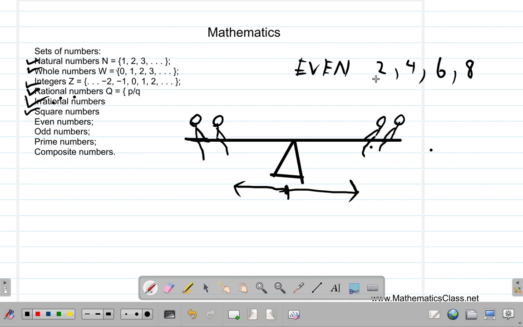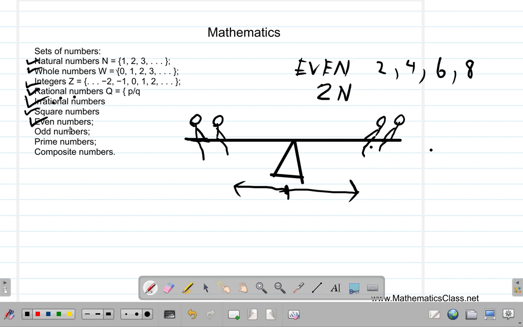That is what you have. You have the formula 2 times a whole number will always give you an even number. So you see even numbers 2, 4, 6, 8, 10, 12, 14, 16, and so on and so forth.